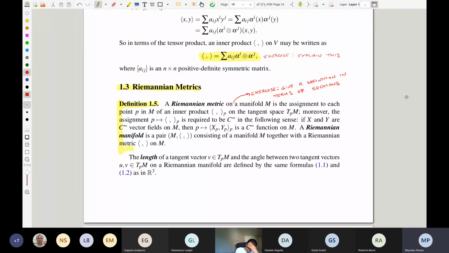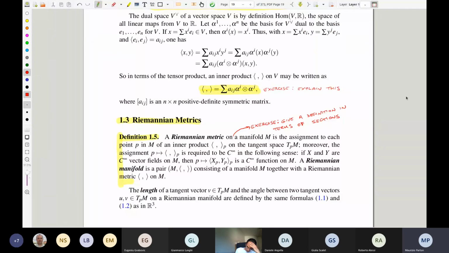And remember a very abstract notion about the tensor product between multilinear maps. If you think about it, this means that a scalar product is just the tensor product between the dual basis of a certain frame.